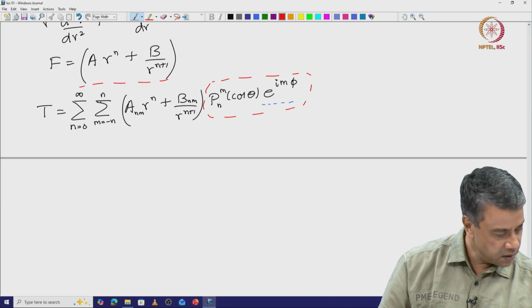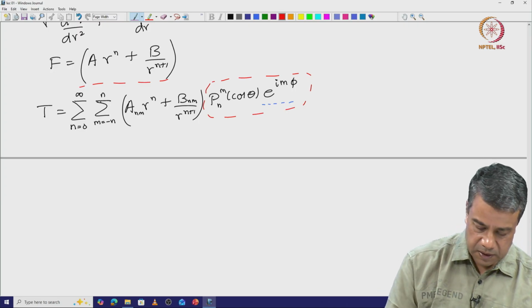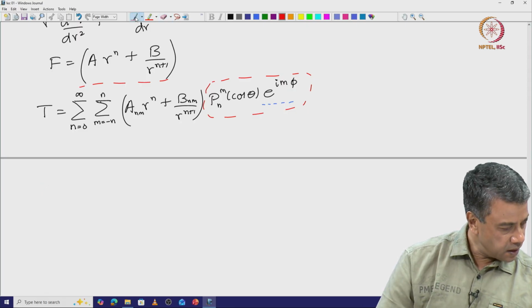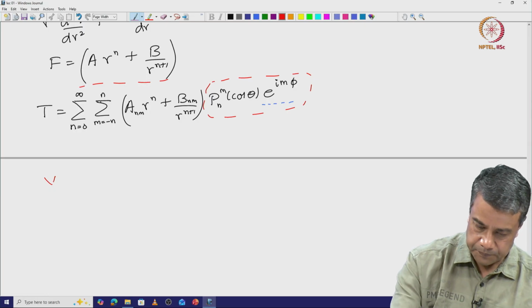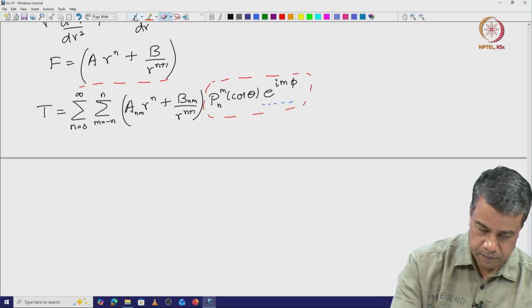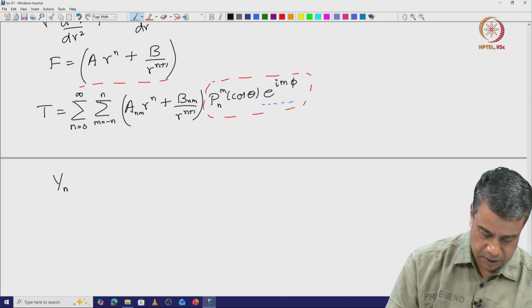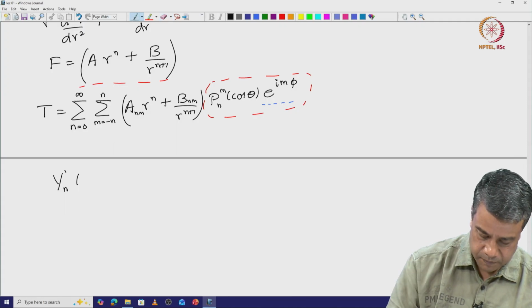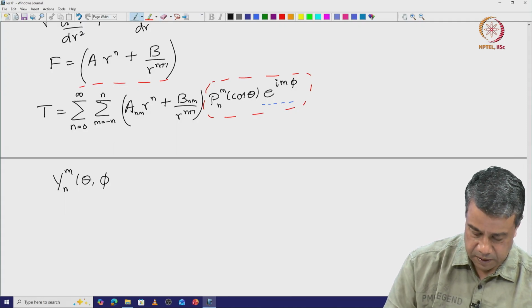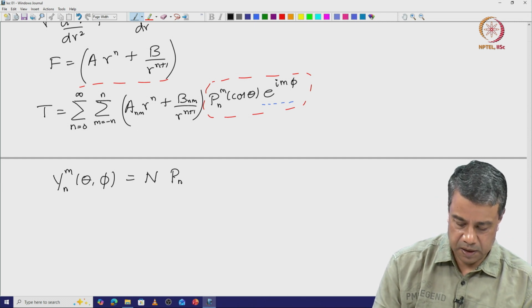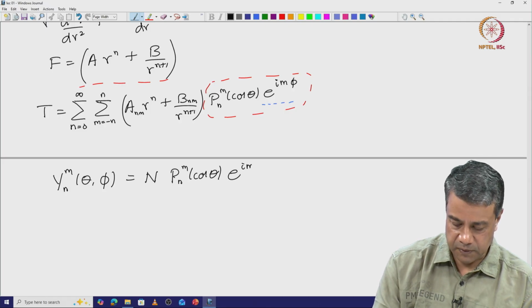So, I can also write this as T is equal to, I can define Y n m of theta phi is equal to some normalization constant times P n m of cos theta times e power i m phi.